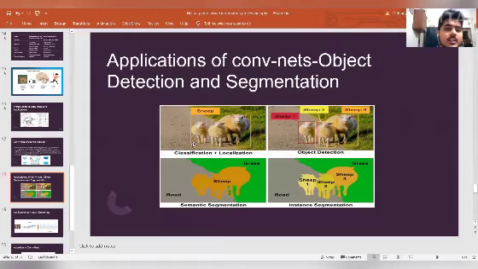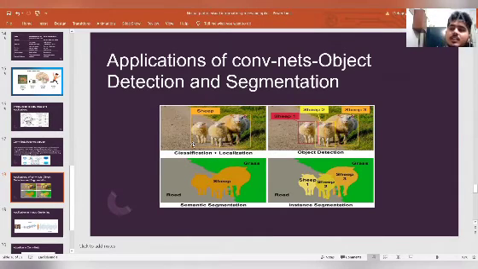The number three is we want to talk about the applications of ConvNets. Apart from image recognition, which is a basic use of ConvNets, we can talk in detail about object detection and segmentation.